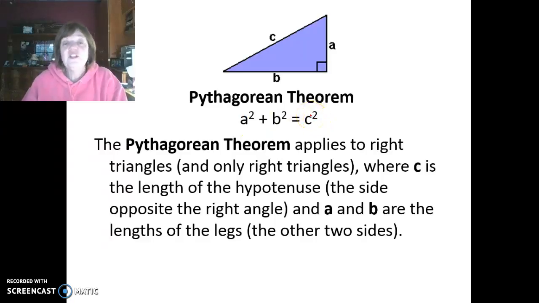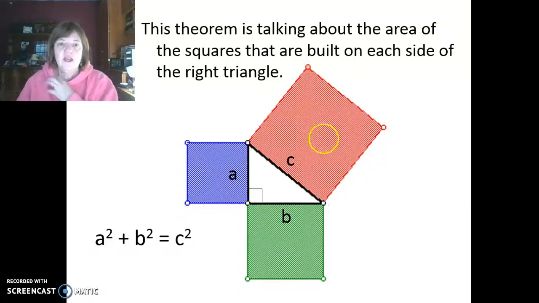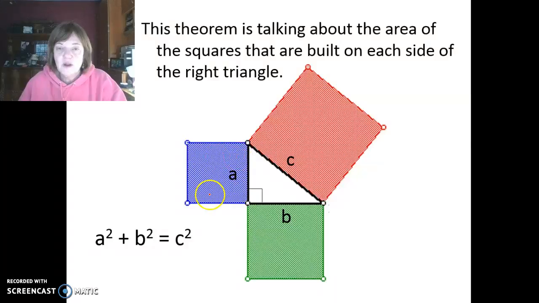All right, let me show you a visual that might help those who are more visually oriented. You know how to get the area of a square. The area of a square is one side times the other side, and we know that both sides are the same. So A squared is the area of this blue square here.